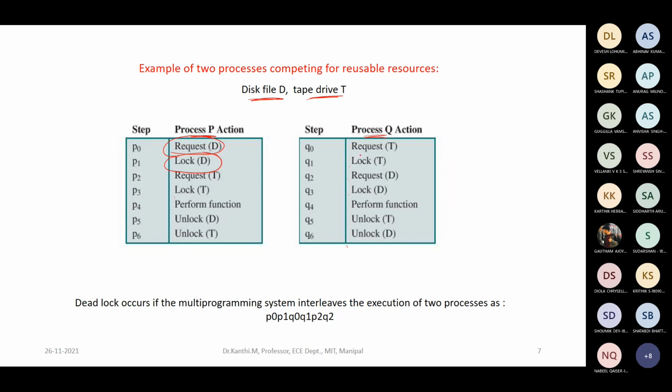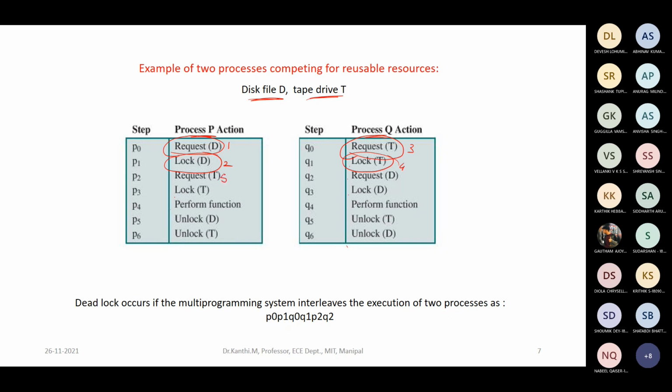Now process Q requests T and locks T. Okay, say this is 1, 2, 3, 4.